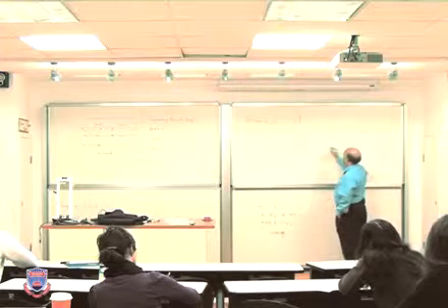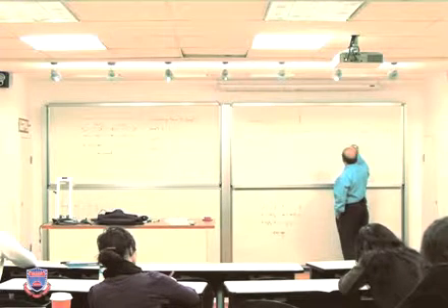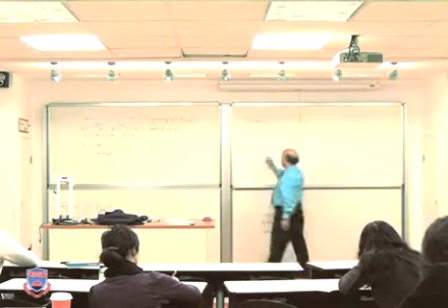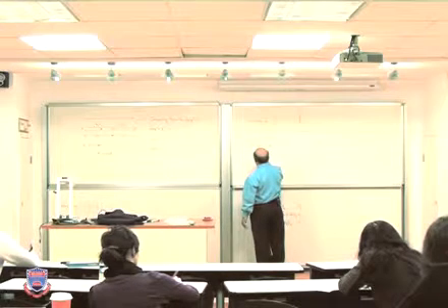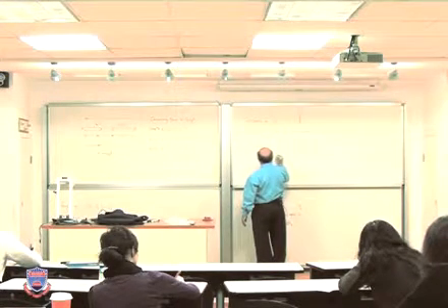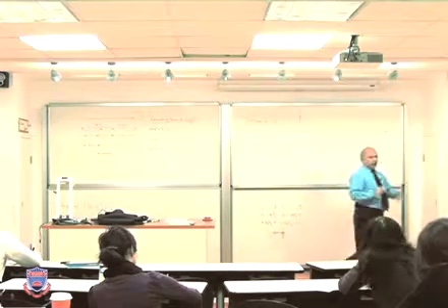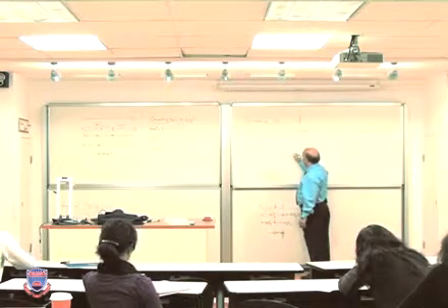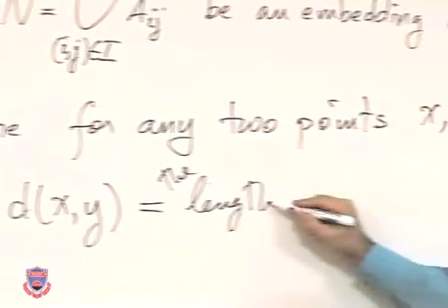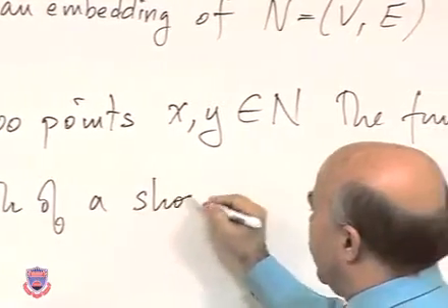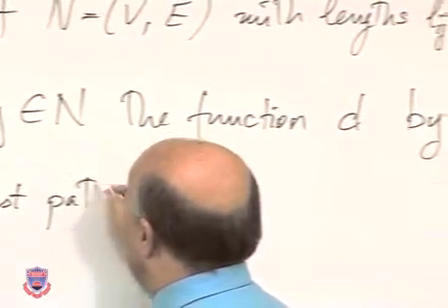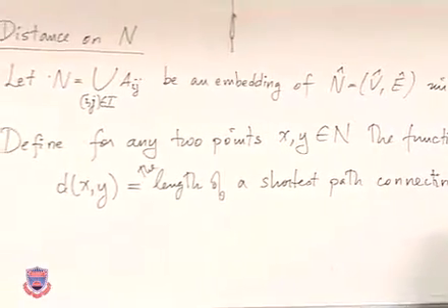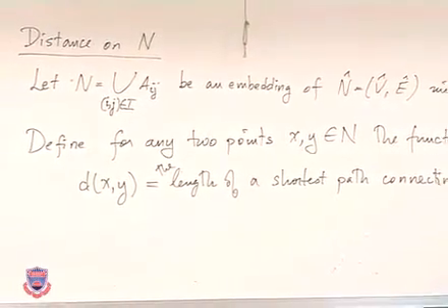Define for any 2 points x, y in N, the function d by the following. D assigns a value to the pair xy, and it's the length of a shortest path connecting x and y in N.